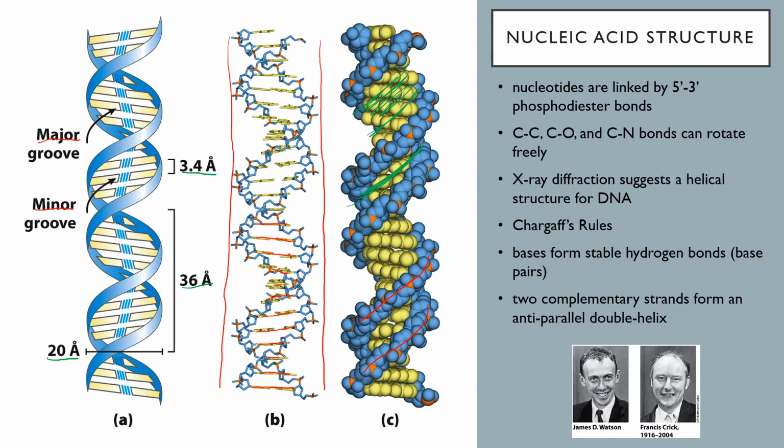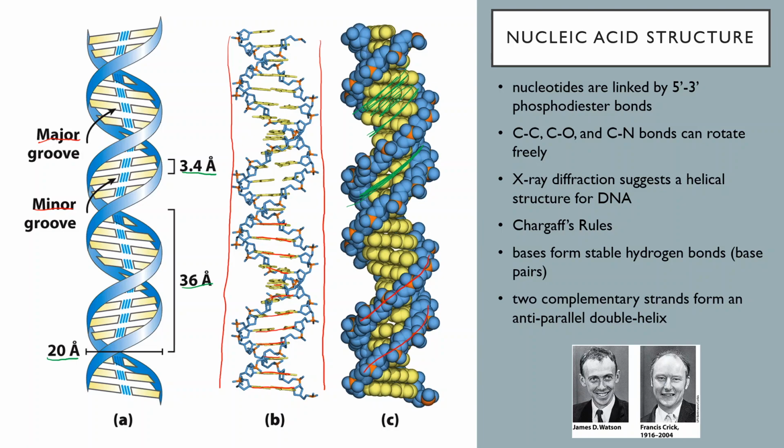Now, of course, this was back when they did everything with paper and pencil, and they had 3-dimensional plastic and metal models that they could work with, long before there were computers that could work out the 3-dimensional structure of complex molecules that we have now. But they worked out the structure almost entirely as sort of a thought experiment. So they didn't do a lot of actual experimental work, unlike Rosalind Franklin.